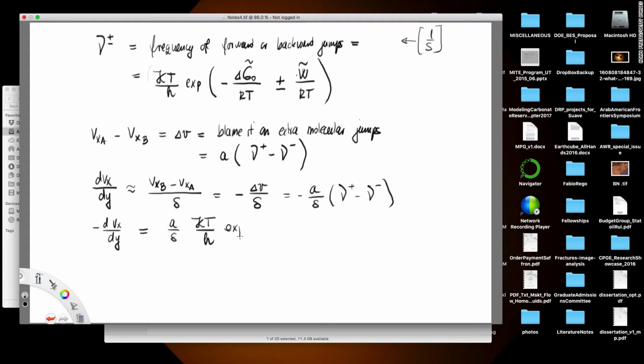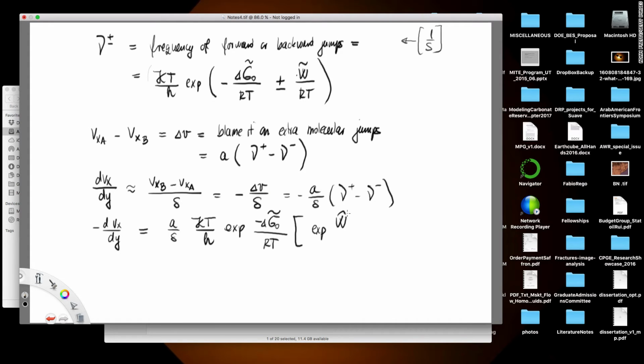And I can actually take that common term out, and then what's left is exponential.